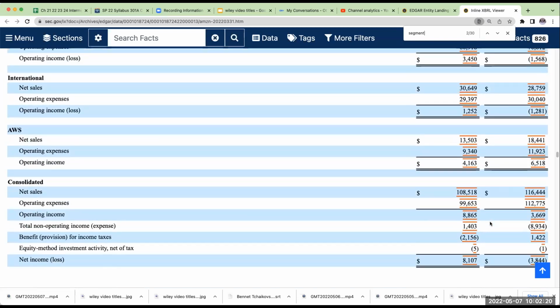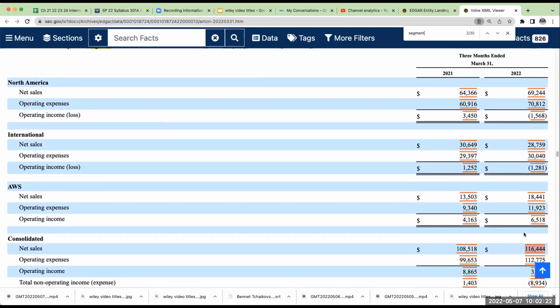Sorry, let me rephrase that. This is how their segments look: International, North America, and Amazon Web Services.